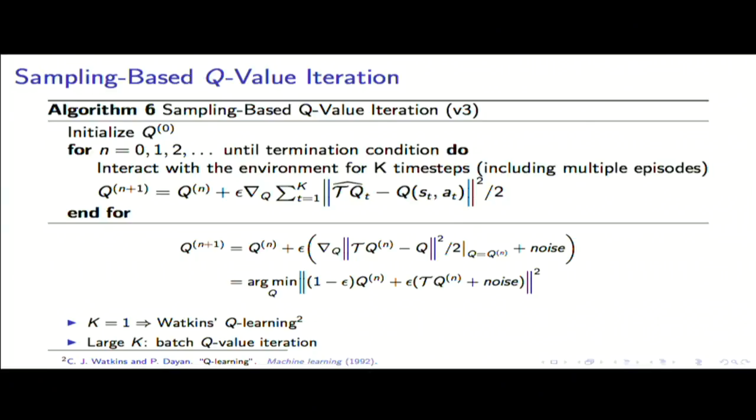Large K is sort of a batch Q value iteration algorithm. So you might have heard of the DQN algorithm, the deep Q learning algorithm, which was published a few years ago, and you're going to implement it on your next homework assignment.